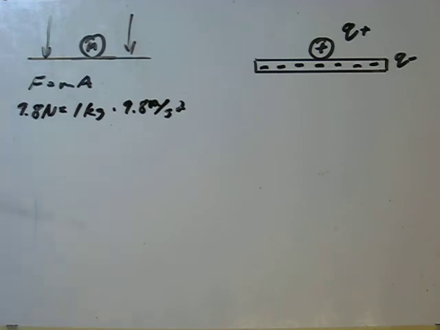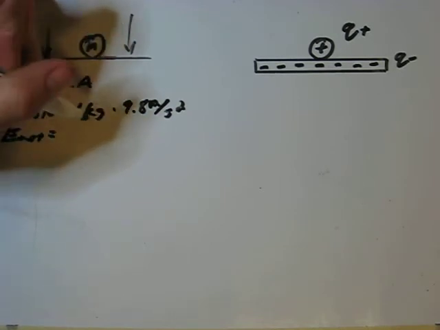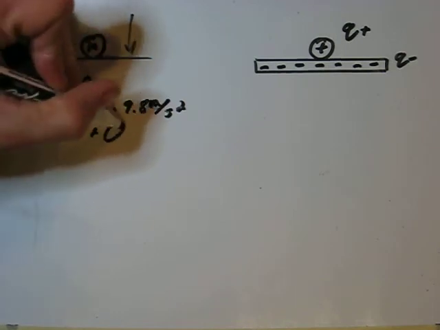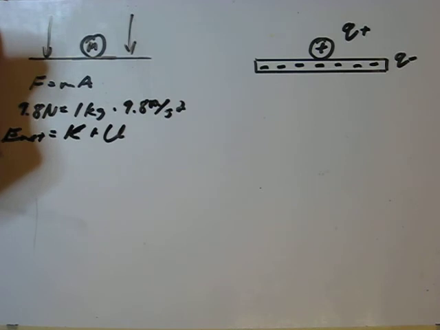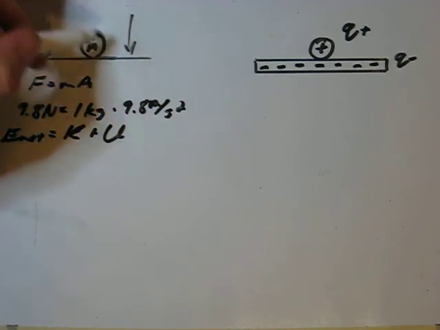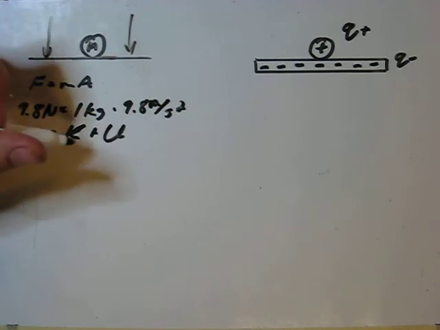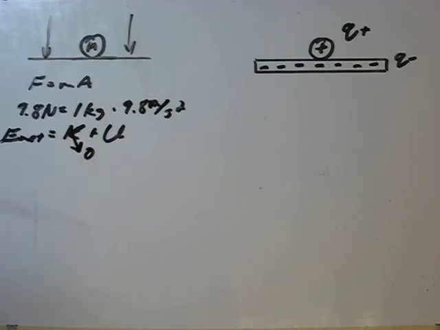And likewise, then we would talk about energy. Your total energy is equal to your kinetic plus your potential. For basic formulas like this, with a static object, the kinetic was 0 because it was static, so we'll look at it from that perspective.